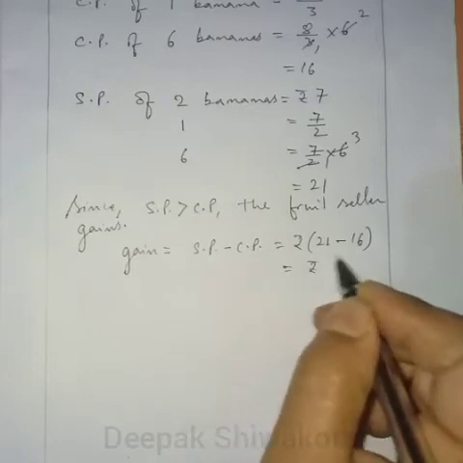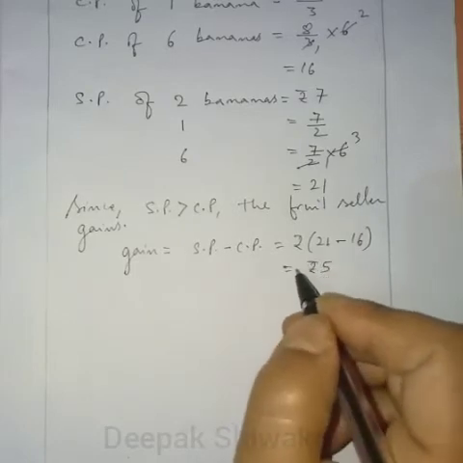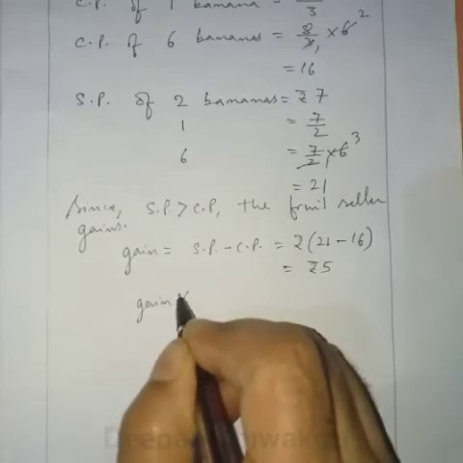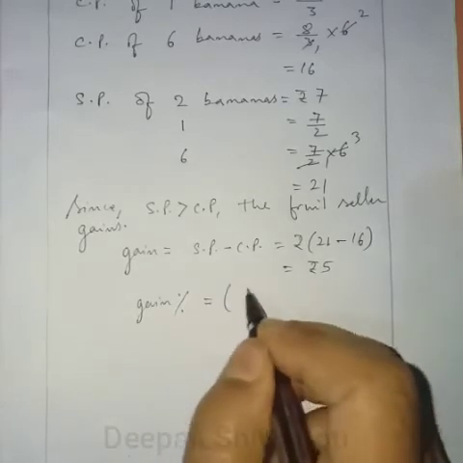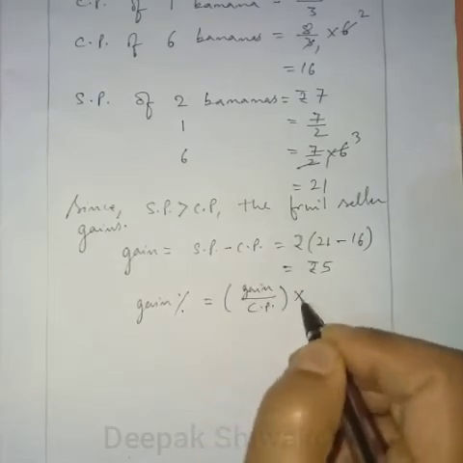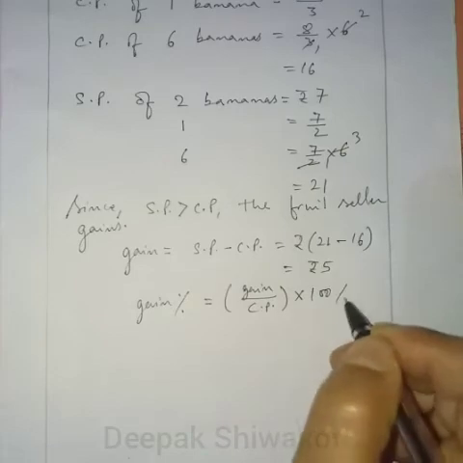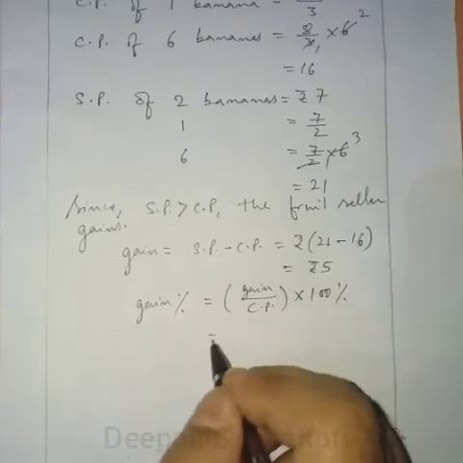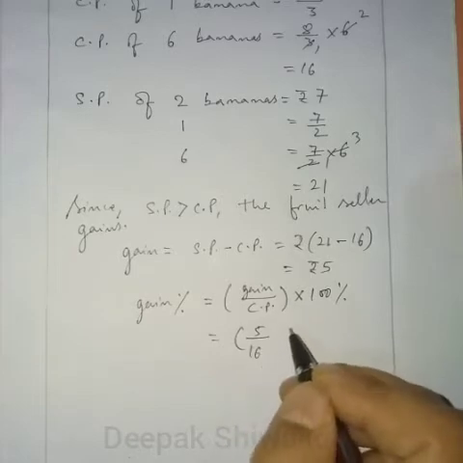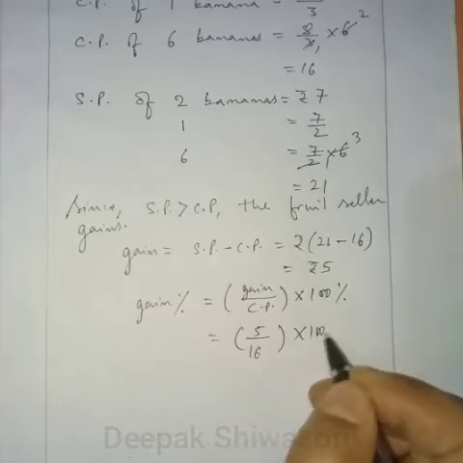so it is equals to rupees 5. Okay, so now gain percent, or profit percent also you can say, is given by the formula gain by CP into 100%. In place of gain you put the value of gain, that is 5, CP is 16, into 100%.